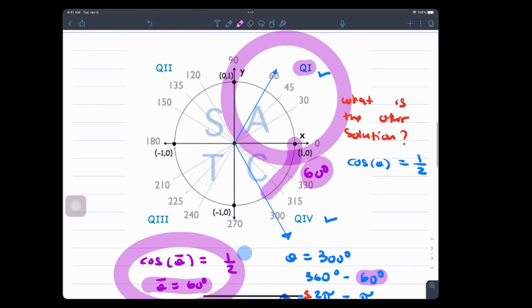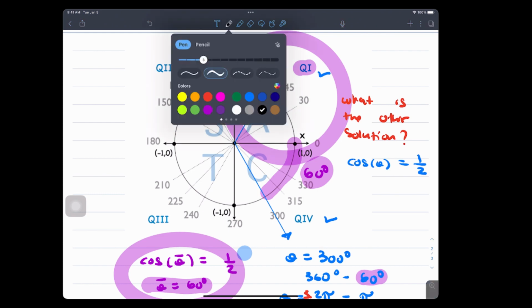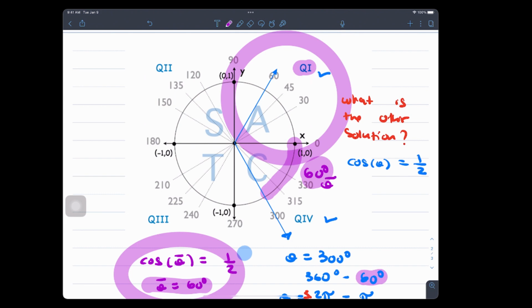Remember, in quadrant 4 cosine is also positive. So if I use that reference angle in purple, which is 60 degrees here, that's the reference angle. Remember, the shortest distance along the unit circle from the terminal point to the x-axis. That was our reference angle. This information we're using again. We got to use that reference angle.